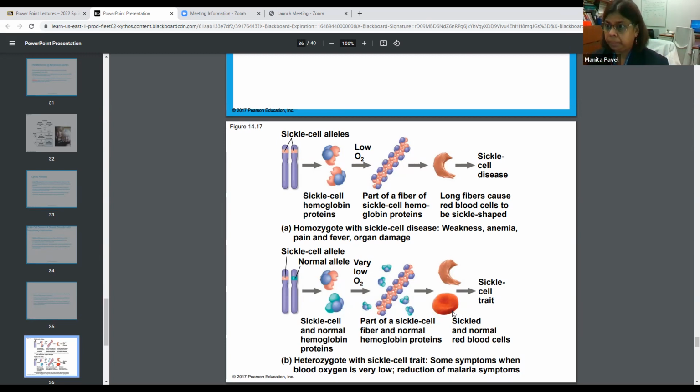That's important. Individuals who suffer from sickle cell anemia have abnormal red blood cells, and they are sickle shaped, crescent shaped or moon shaped. And they are stiff.